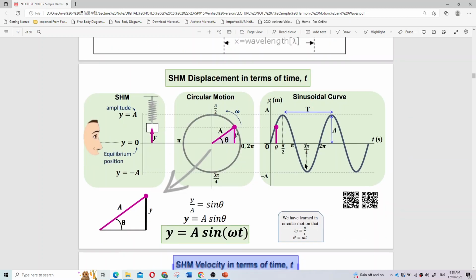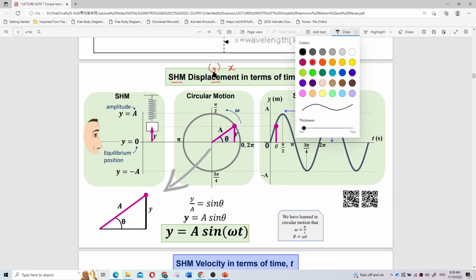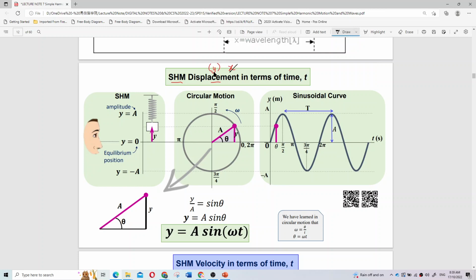So now let's talk about the displacement equation. What is the symbol we put for SHM displacement? Y. Yeah, we use symbol y. You know why we use symbol y? Why don't we use x?